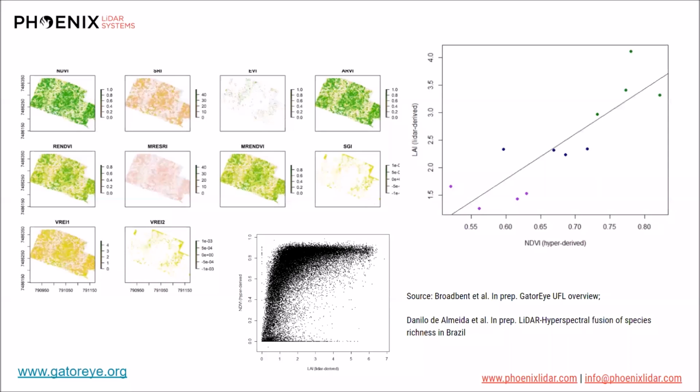So that's really interesting, and it provides an opportunity to start to compare the intrinsic properties of LiDAR versus hyperspectral. As I said before, LiDAR is about structure, but it has data on the other one. Hyperspectral is more about health and composition, but it has data on the other one. And you can see that here.